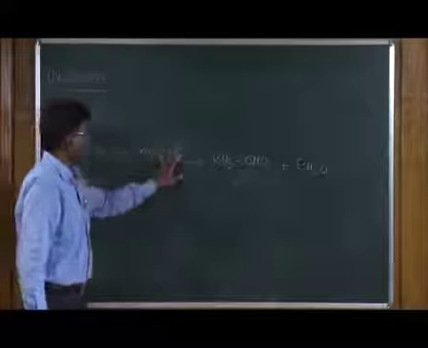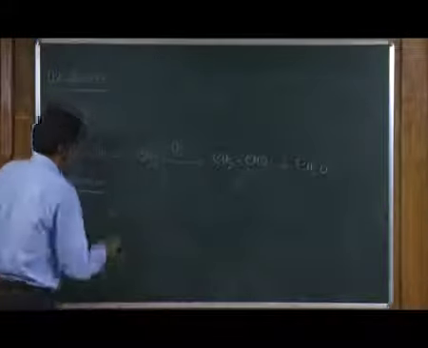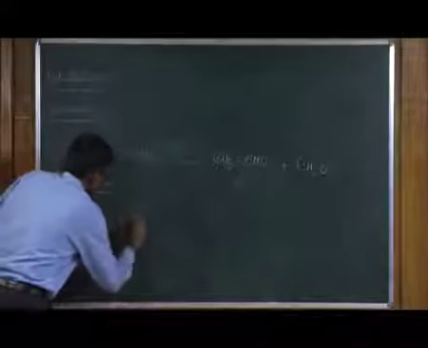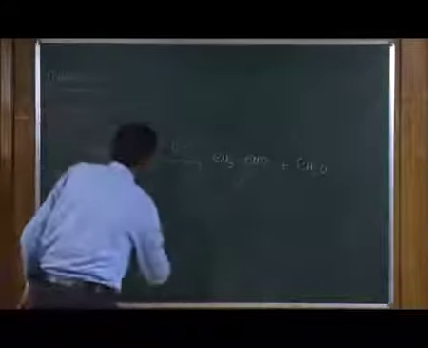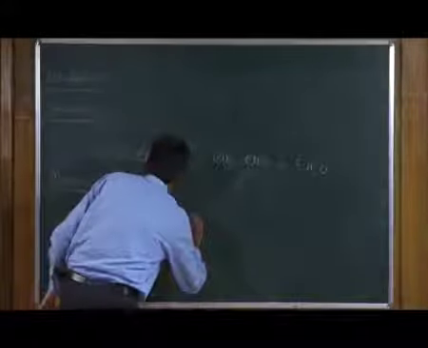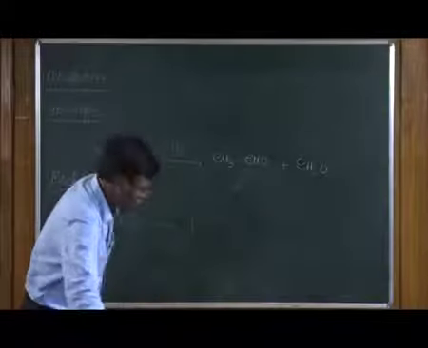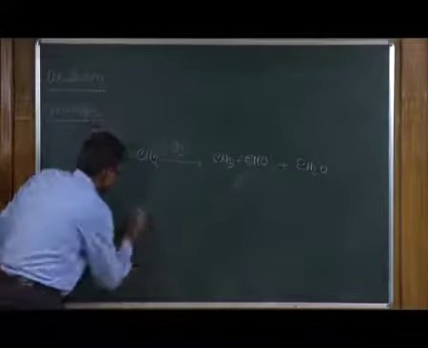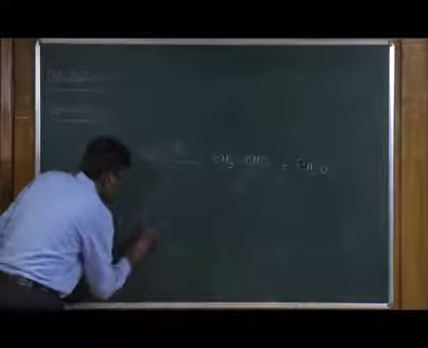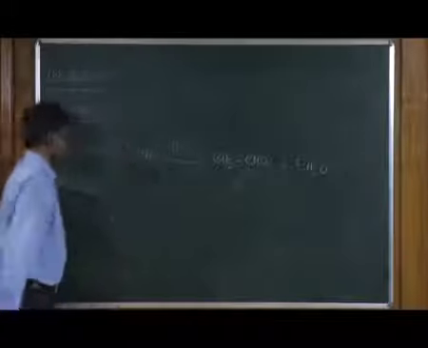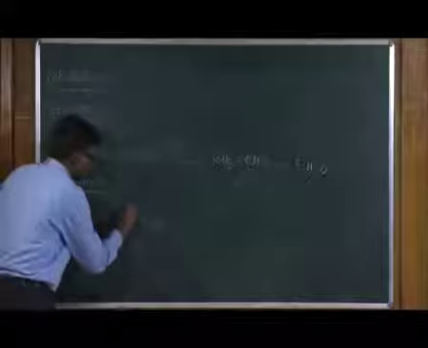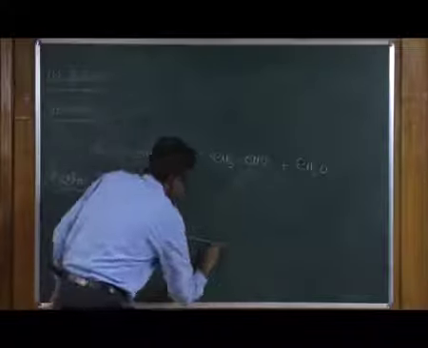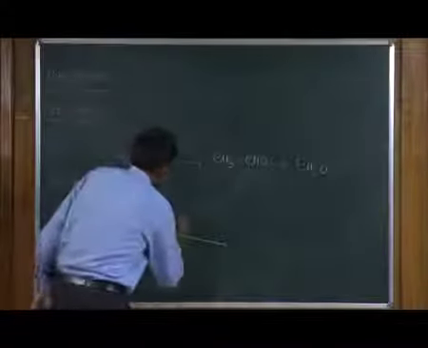If you look at the mechanism, the alkene undergoes addition with ozone. Let us take ethylene. It undergoes cycloaddition, a 1,3-dipolar cycloaddition reaction.